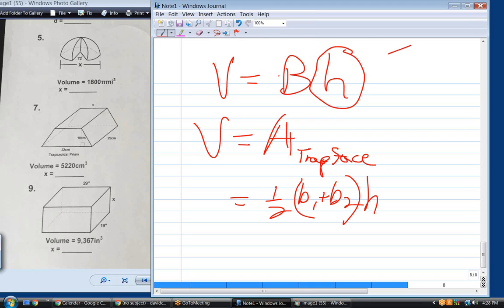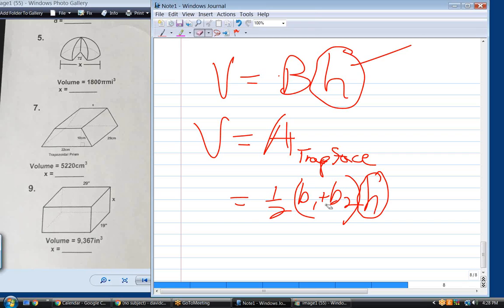In other words, this h is the thickness of the prism. It's how much distance there is between the opposite and equal bases. So that h is 29. This h here is what? Looking at that right there. 10. 10, exactly.